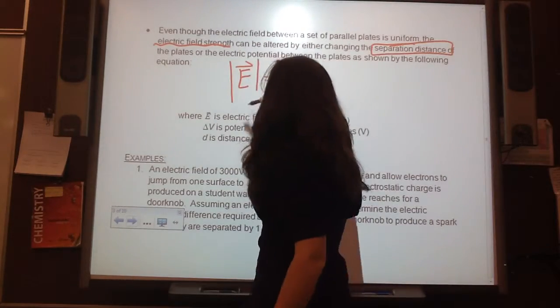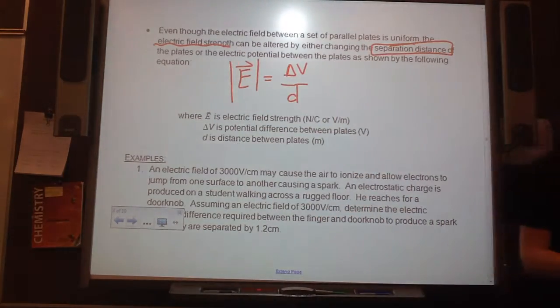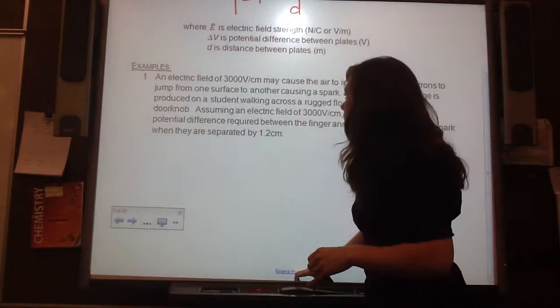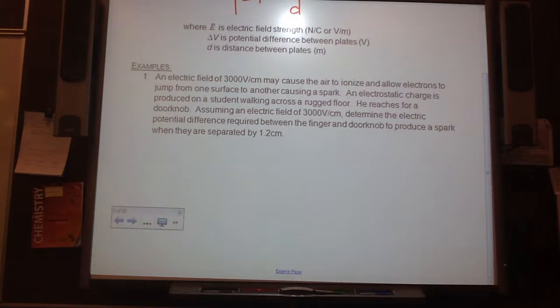It has absolute value bars on it too. So how do we put this into practice?